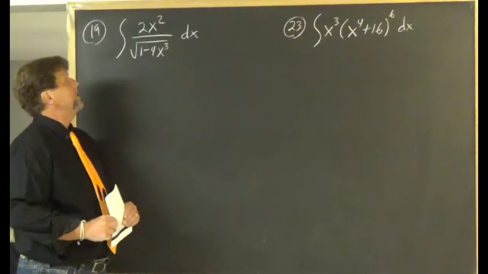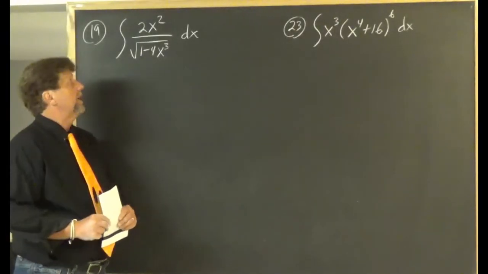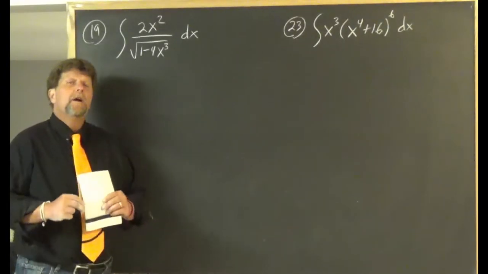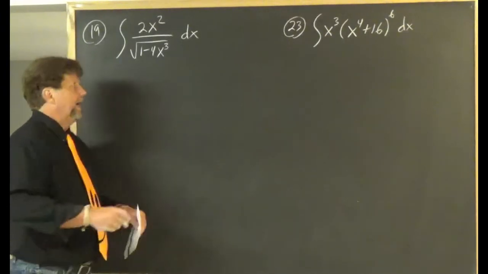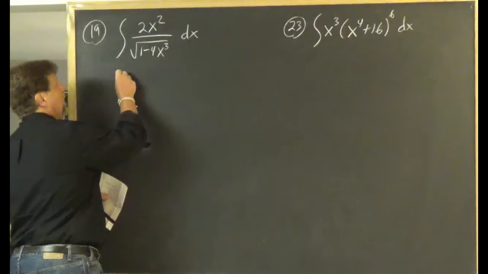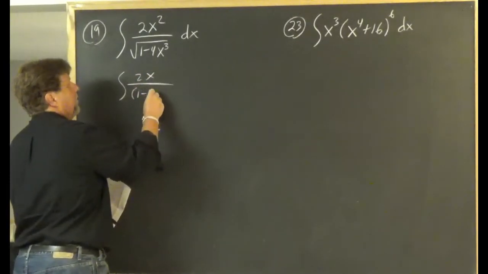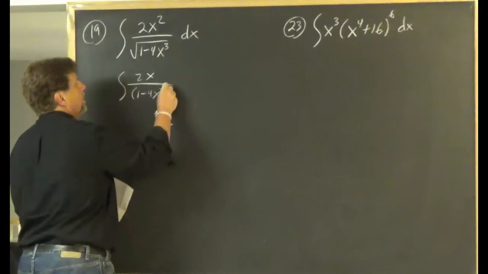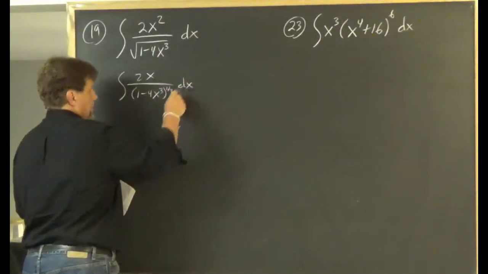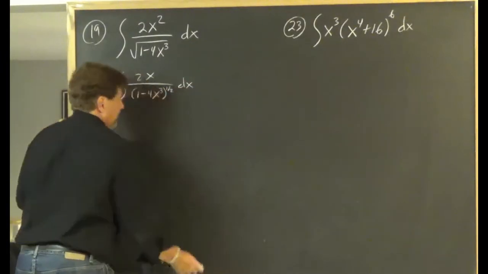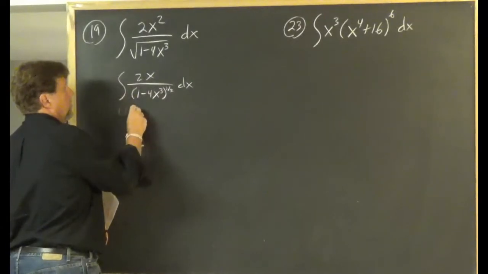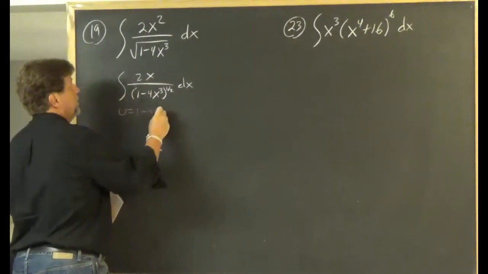All right, number 19, integrate 2x squared over the square root of 1 minus 4x cubed dx. So, all right, my first step, rewrite that radical, the square root, as an exponent of 1/2. Then I'd let u equal 1 minus 4x cubed.